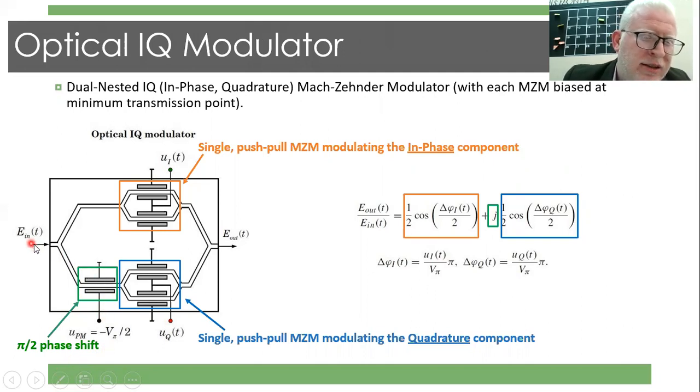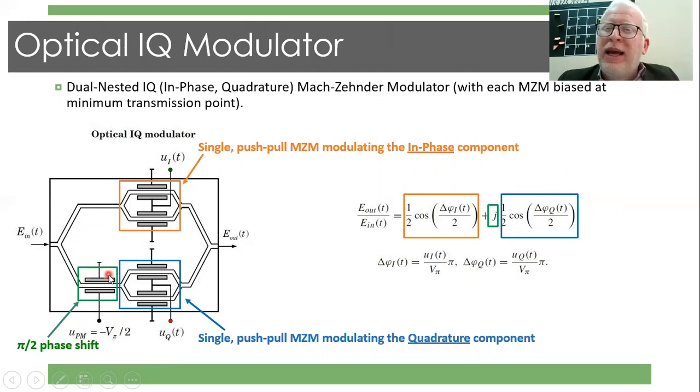So whenever your light starts to go inside this beam splitter, the first half will be directly modulated using U1 and U2, while the second will be first phase shifted by 90 degrees and then modulated using U3 and U4. So there is a difference between the first beam and the second beam of 90 degrees.